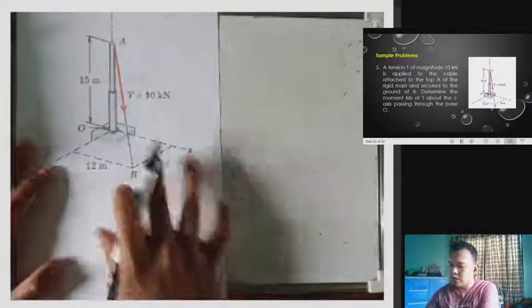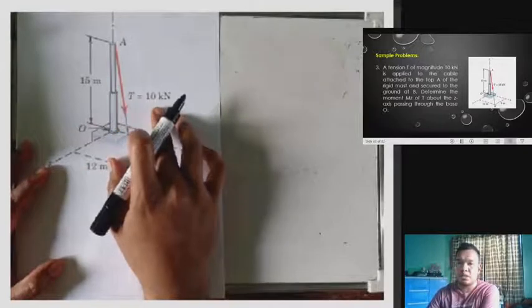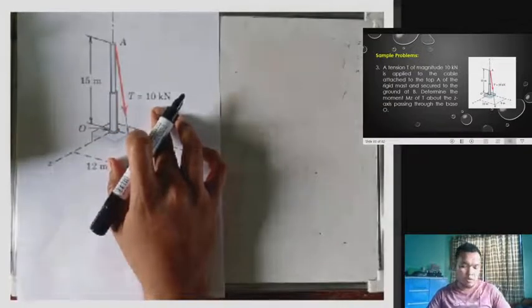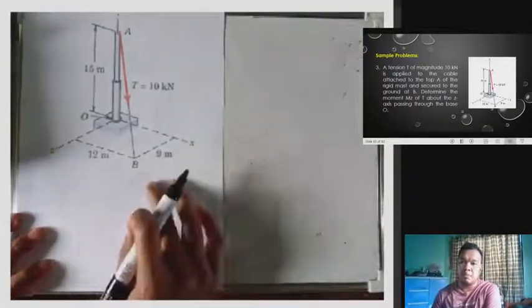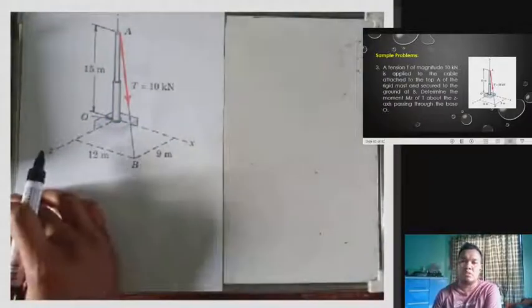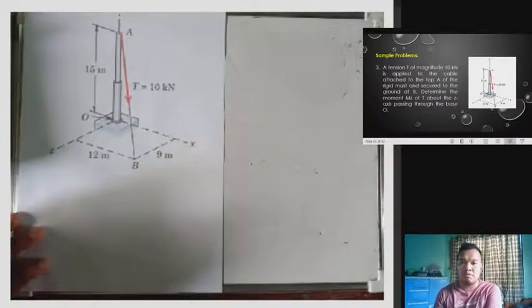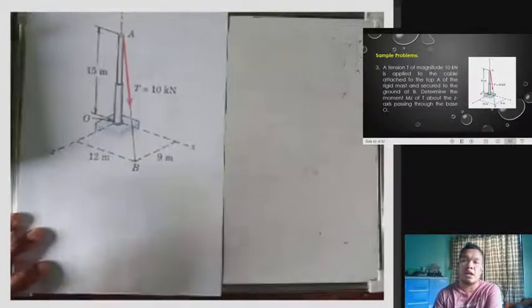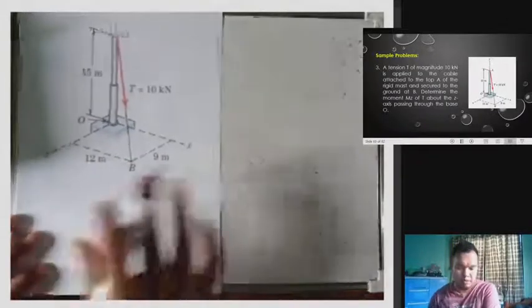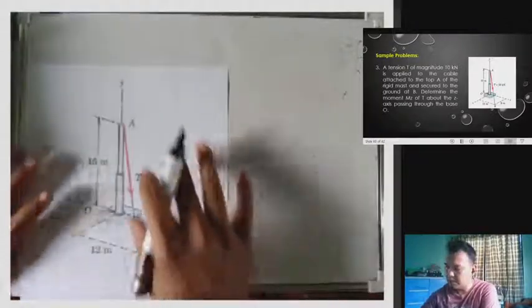Okay, so we have here T, which is equivalent kay 10 kilonewton. So kailangan lang ulit natin hanapin yung segment AB and line AB para makakuha tayo ng T in terms of vector component. Then, i-multiply lang natin yung vector component into distance, no? Perpendicular R OA. So, solve natin.